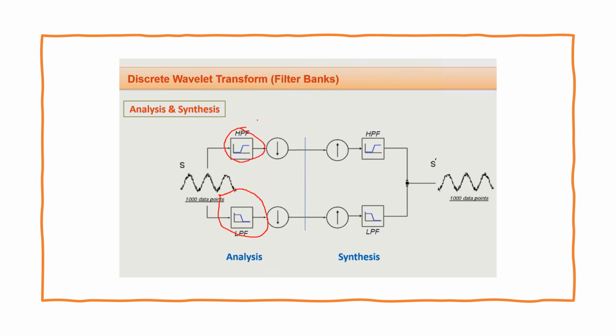So this is G and this is H. Similarly, we are going to have RH, which gives the non-zero coefficients of the low pass filter for the synthesis transform, and RG gives the non-zero coefficients of the high pass filter for the synthesis transform. This gives us RG. In the next slide, we are going to discuss this in detail.